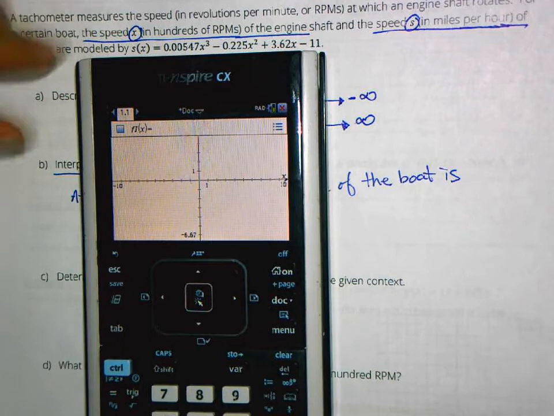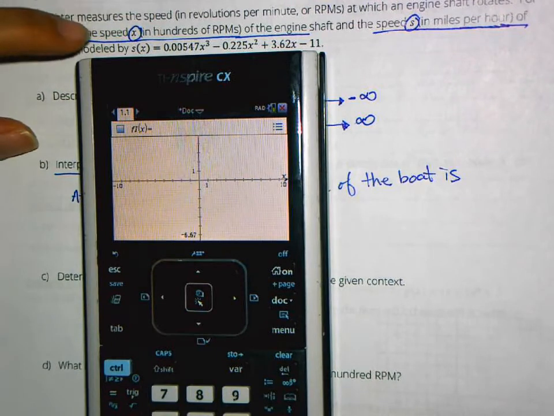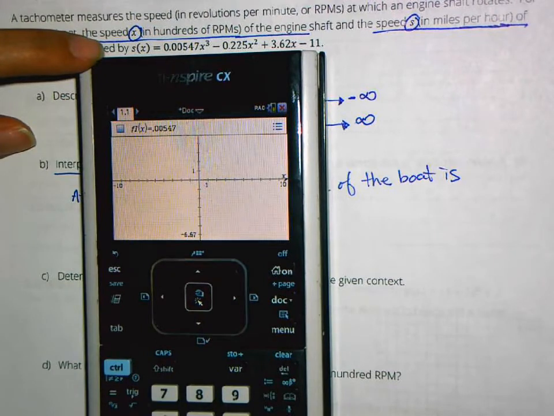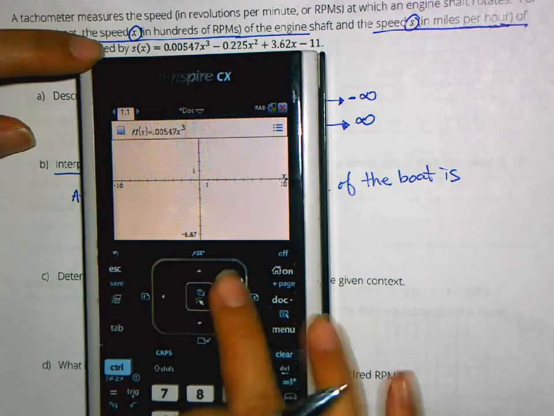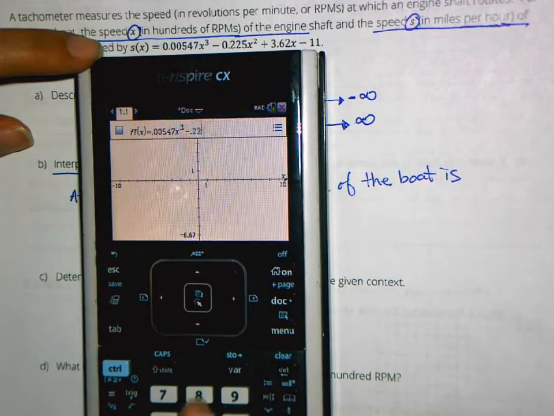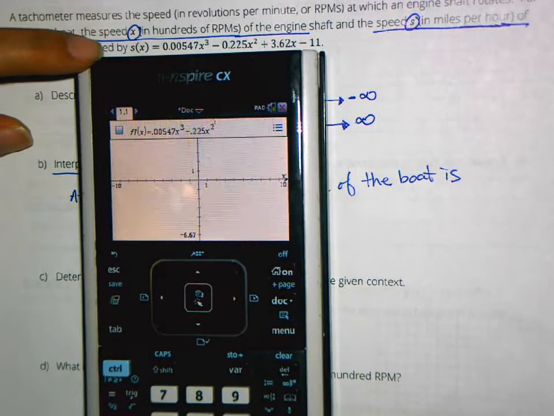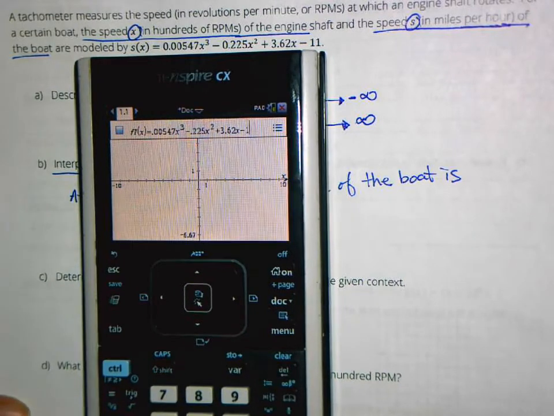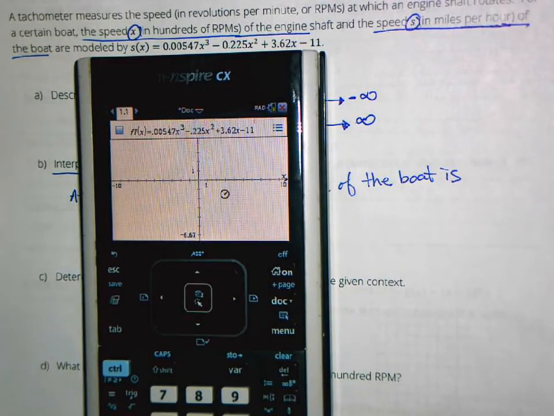Let's type it in. We have 0.00547 x to the third power minus 0.225 x to the second power plus 3.62 x minus 11. Okay, let's take a look.